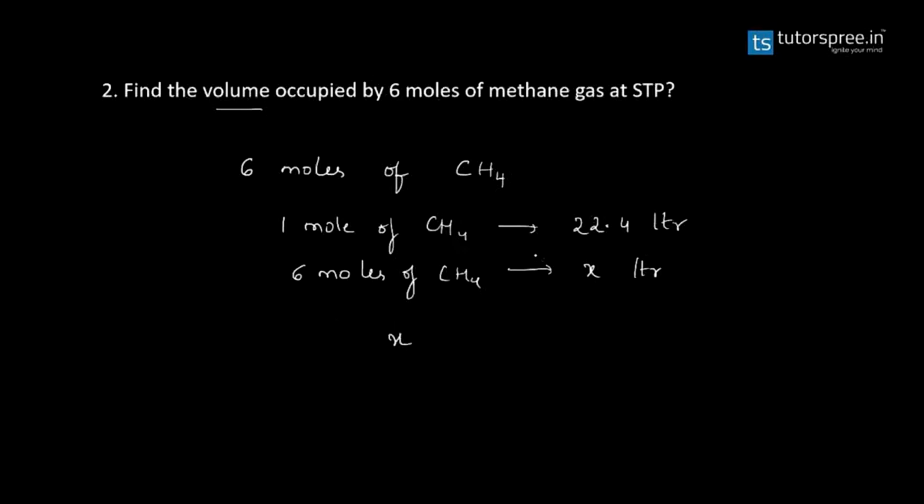Obviously, the one opposite to the X will be the denominator. So 6 into 22.4 gives 134.4 liters of volume.